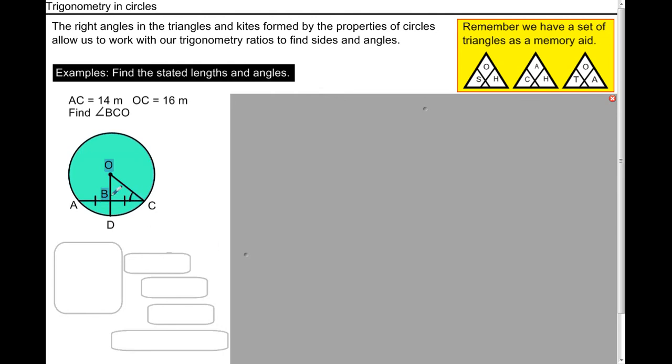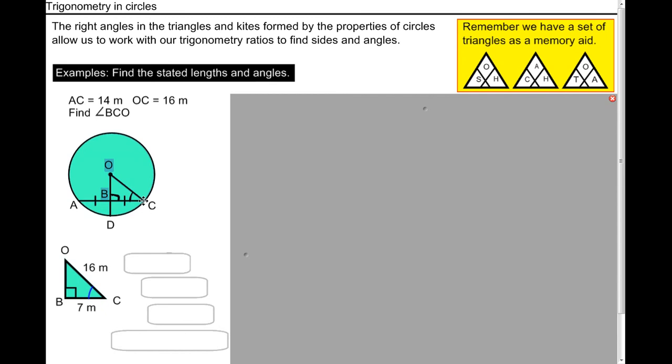The dashes show me I've got a bisector, so I know they're running perpendicular. They've formed a right angle. So this allows me to put a right angle triangle together using C, O, and B. The hypotenuse of this triangle, well, that's just the radius, so I've used the 16 meters.